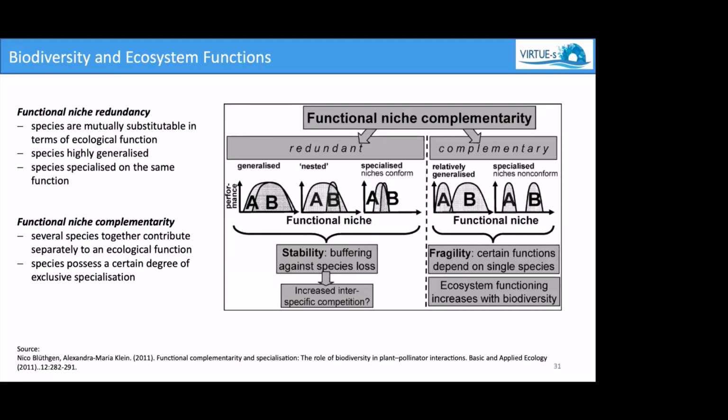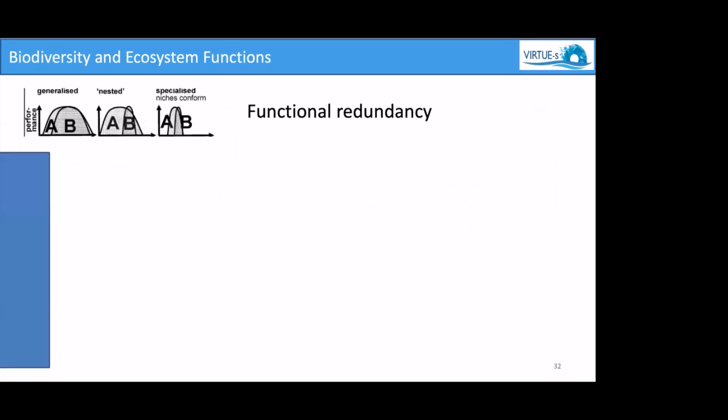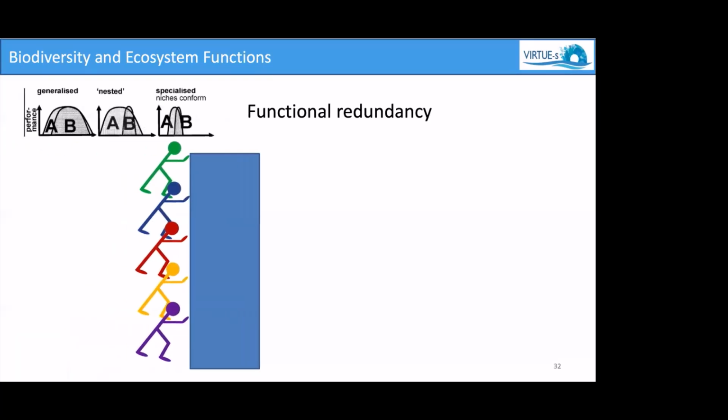An example would be through functional niche redundancy or functional niche complementarity, which is actually also not exclusive from redundancy. So there are some complementary relations which are also redundant. Okay. So in functional redundancy, there are several species.